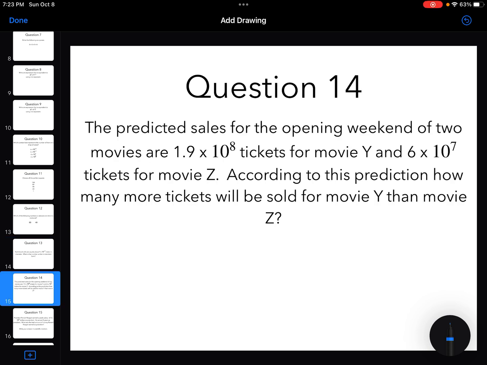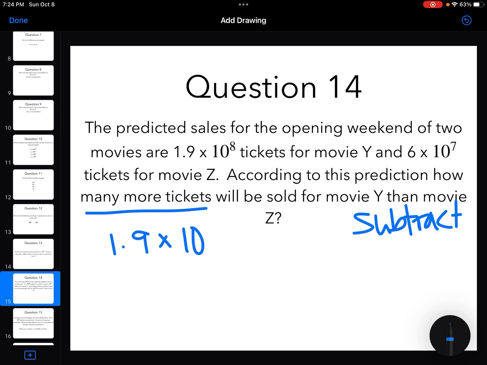They predicted sales for an opening weekend of 2 movies. According to the prediction, how many more tickets will be sold in movie Y than in movie Z? How many more? That's telling me I've got to subtract. So I have 1.9 times 10 to the 8th, and then 6 times 10 to the 7th.